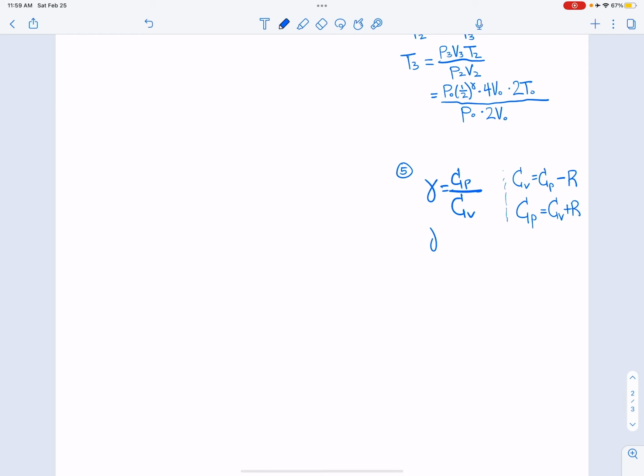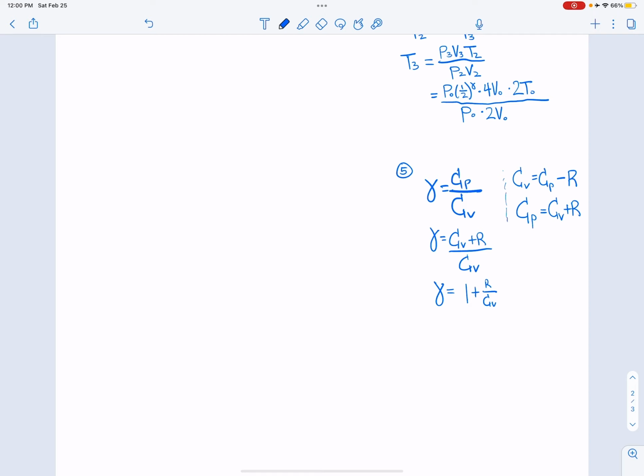So now gamma is equal to, instead of Cp, I'm going to use Cv plus R for Cp. So it's going to equal Cv plus R over Cv, which is equal to 1 plus R over Cv.